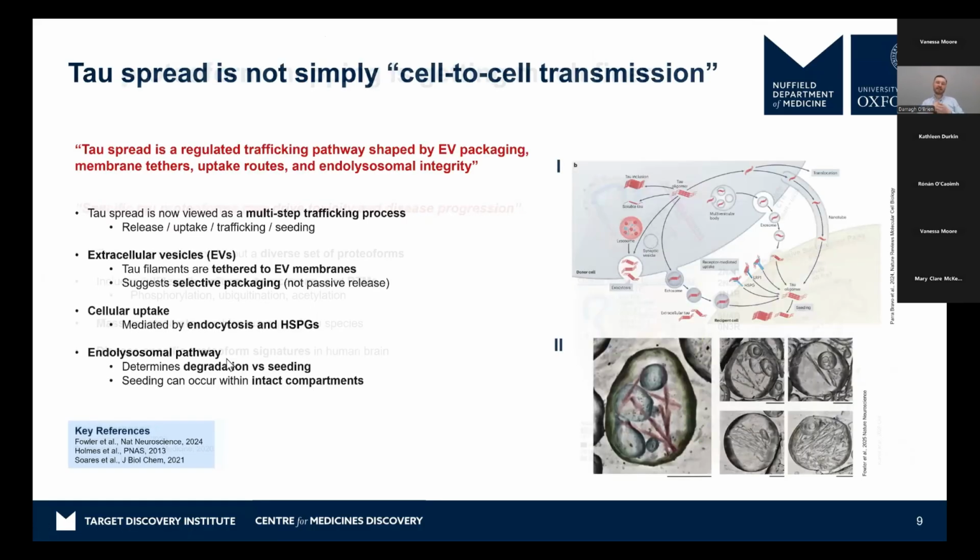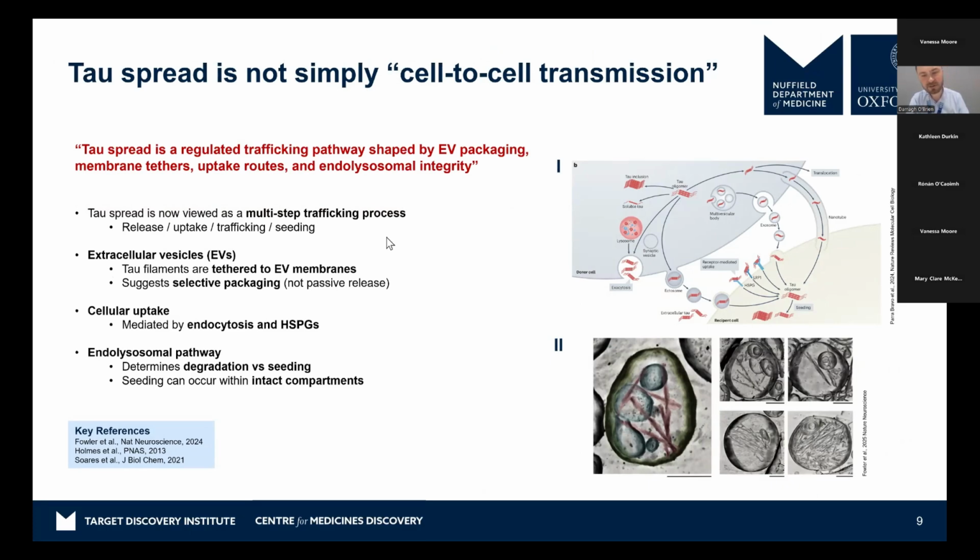So tau spreading is now understood as a regulated multi-step process rather than a simple passive release into a cell. So it involves tau being released from cells, taken up by neighboring neurons, trafficked intercellularly, and ultimately seeding further aggregation.